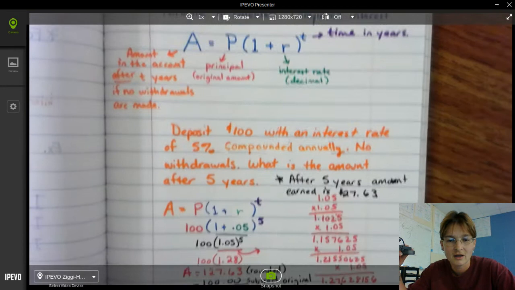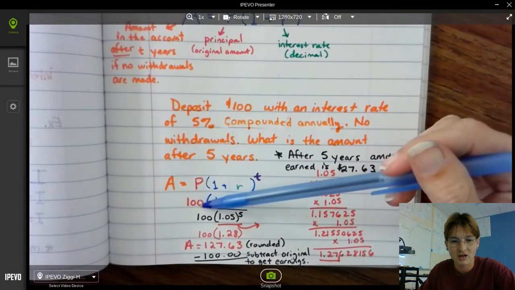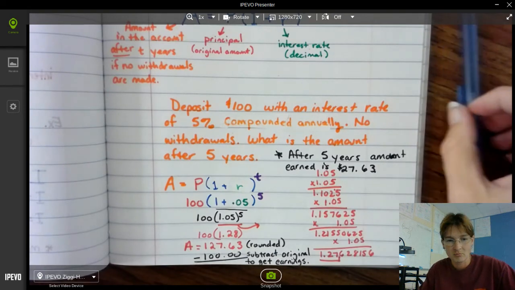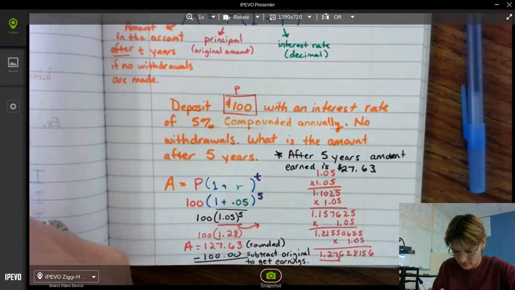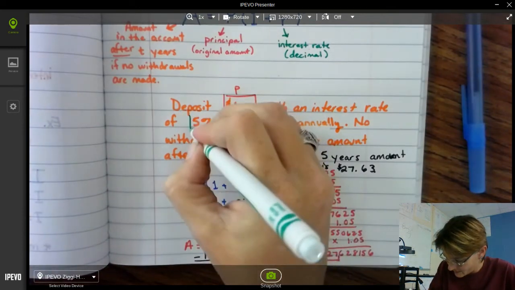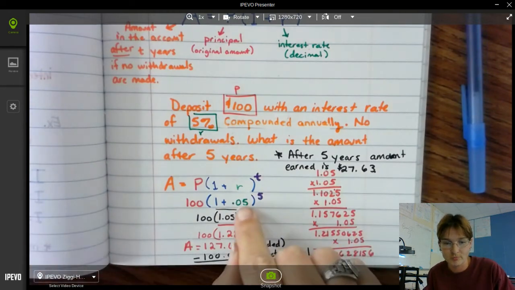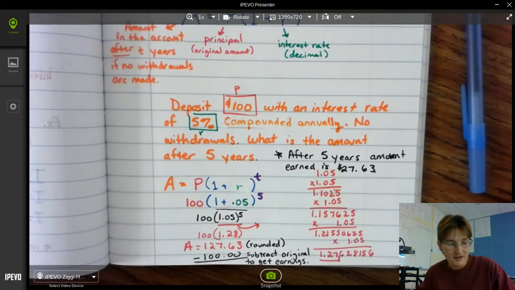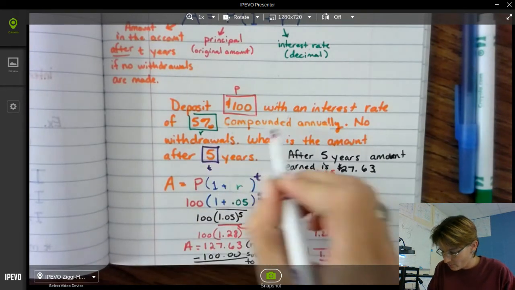Okay, so with that, we put in our principal, which is $100. I didn't mark that, so I'm going to go ahead and mark principal is $100, and our rate is still 5%, so we're going to change that to 0.05, and then our time now is 5 years, and this is compounded annually.